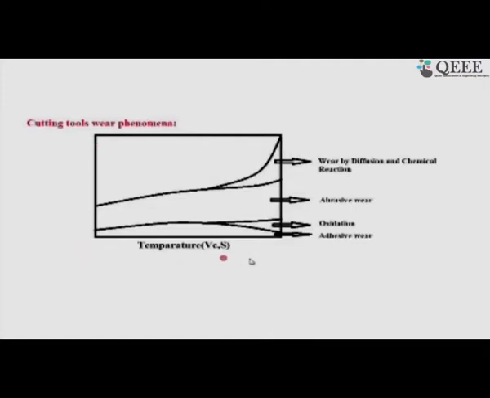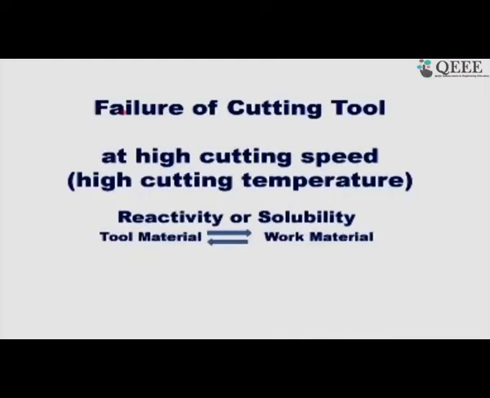This diagram is significant in that you understand the proportion of different wear mechanisms in relation to the temperature. Now, what we find? Failure of cutting tool at high cutting speed means high cutting temperature.